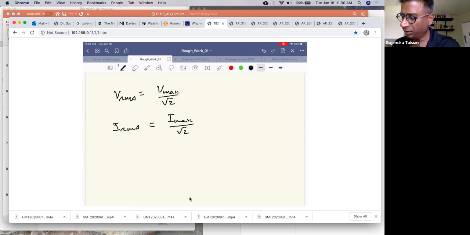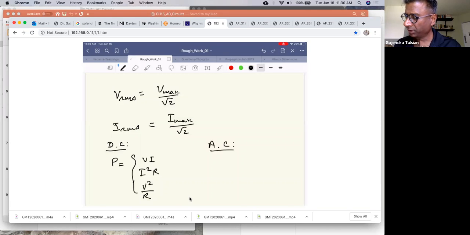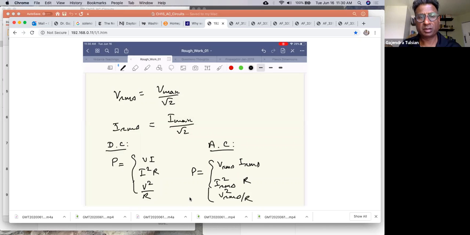If you have any DC expression, for instance, for a DC circuit, the power delivered to the circuit is V times I, I square R, and V square over R. If you go to an AC circuit, the expressions can be generalized as long as you replace each of these values by RMS values: VRMS times IRMS, IRMS squared times R, VRMS squared divided by R. So that's a good thing to remember about the root mean square values. In any DC circuit expression, you can substitute these values.